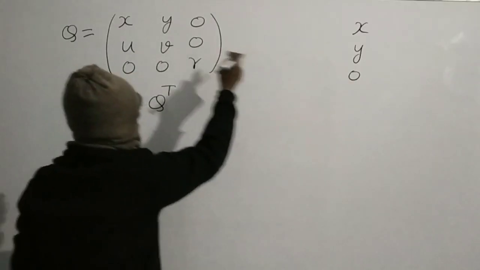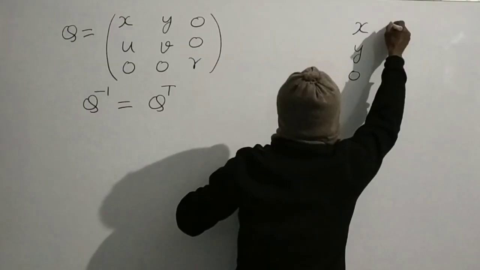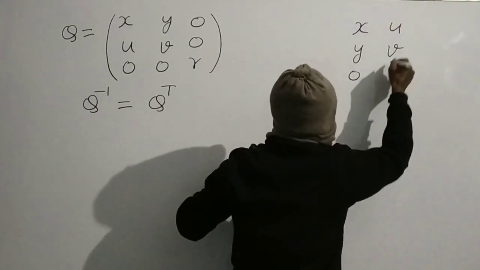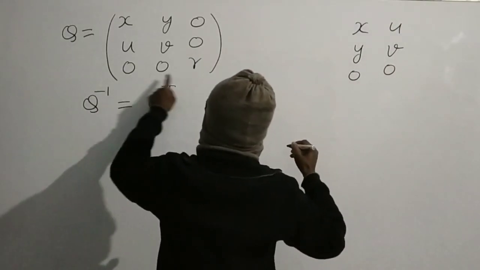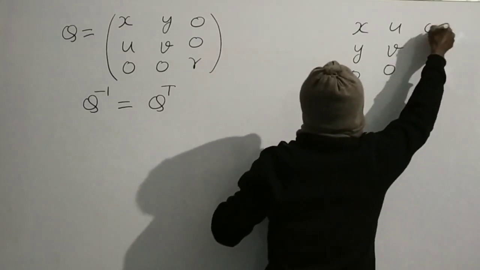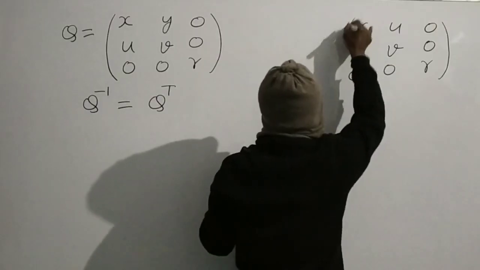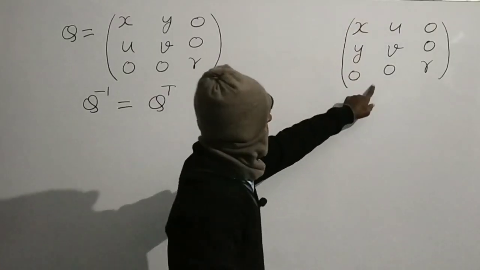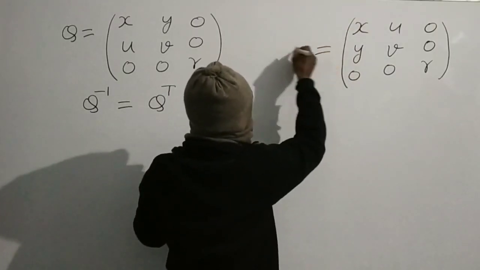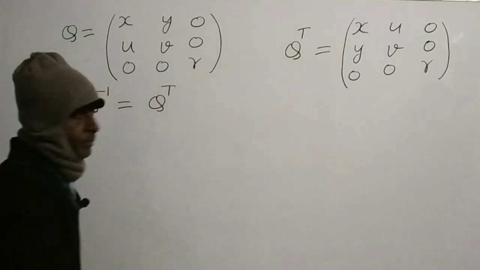This second row in the second column: u, v, 0. This third row in the third column: 0, 0, r. Then this matrix is called the transpose matrix of Q.